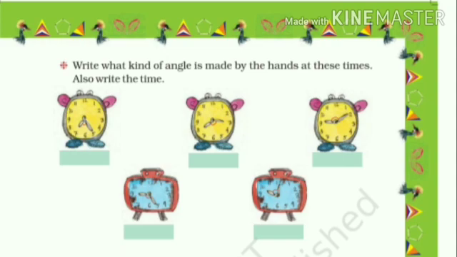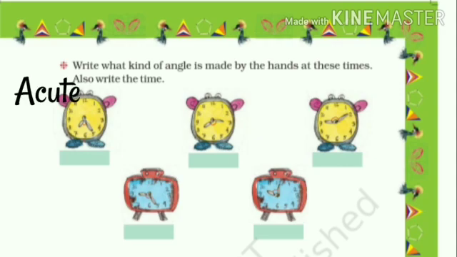So let's see the first watch. In the first watch, my hour hand is on 7 and my minute hand is on 5. So the timing is 7:25. Now I have to see whether it is making a right angle. No, it is not making a right angle, but it is less than a right angle.